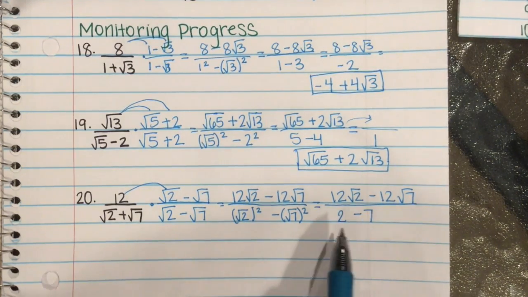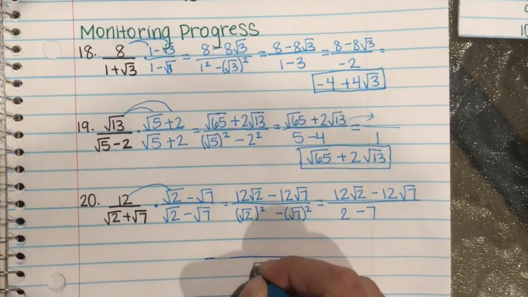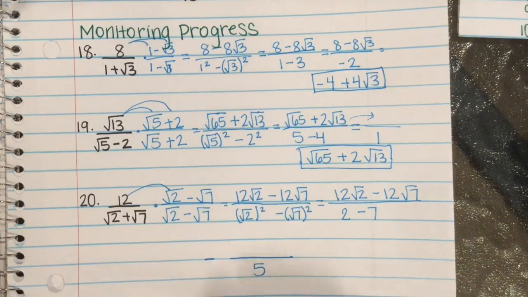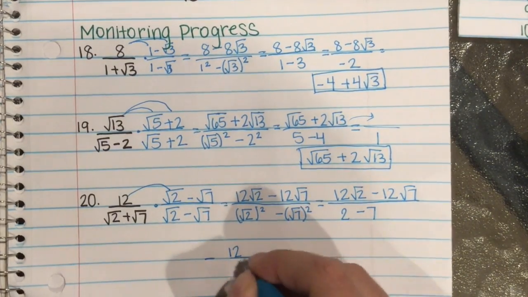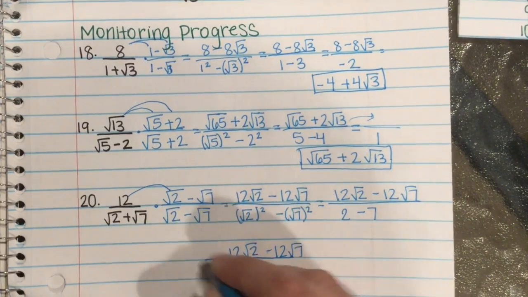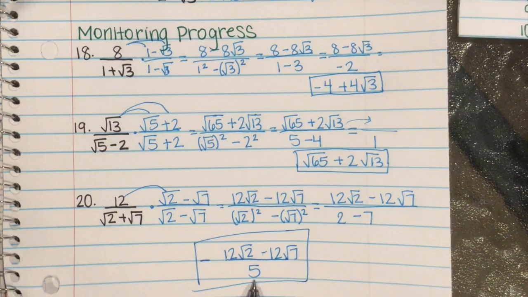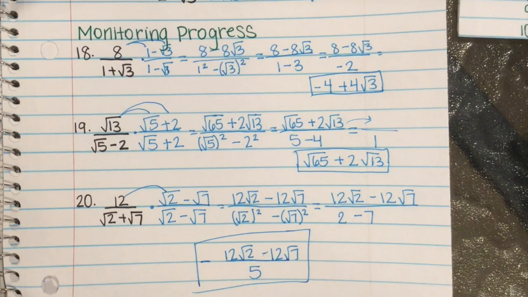To simplify then, 2 minus 7 is negative 5, so I'm just going to put the negative on the outside here. 5 will be in the denominator, and then my numerator is going to stay the same. And again, if you left the negative sign down here with the 5, it really has the same meaning. The one negative, I just like to put it out in the front. So those are your monitoring progress answers, 18 through 20.